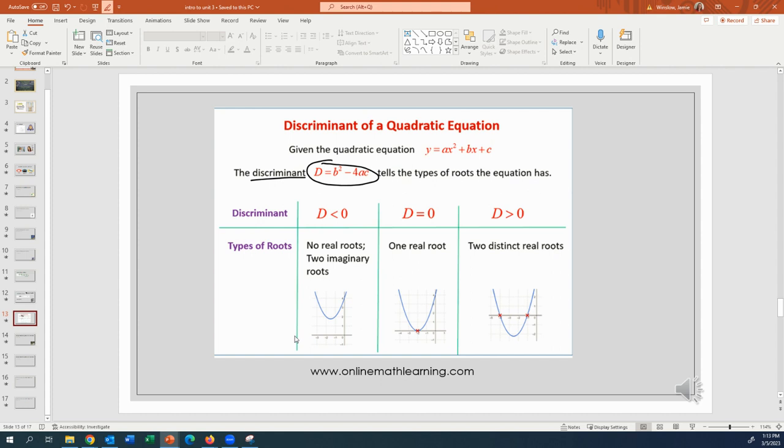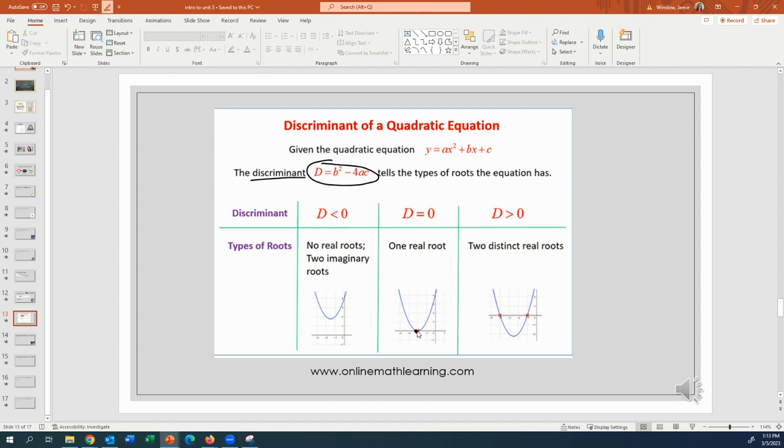In higher mathematics classes, you'll learn how to find the imaginary roots, but for now we will just note that there are no real roots if it's negative. If it's exactly equal to 0, that means there is one real root.